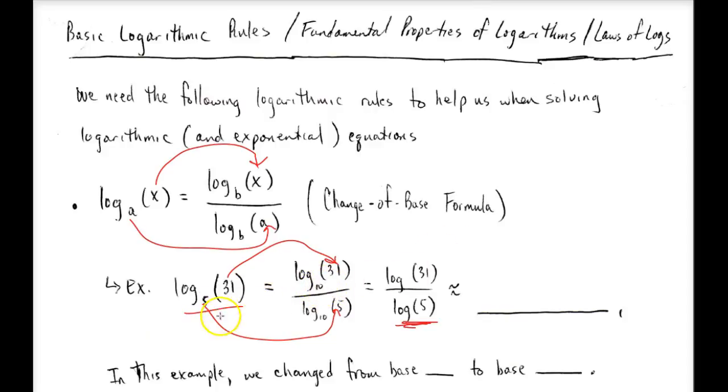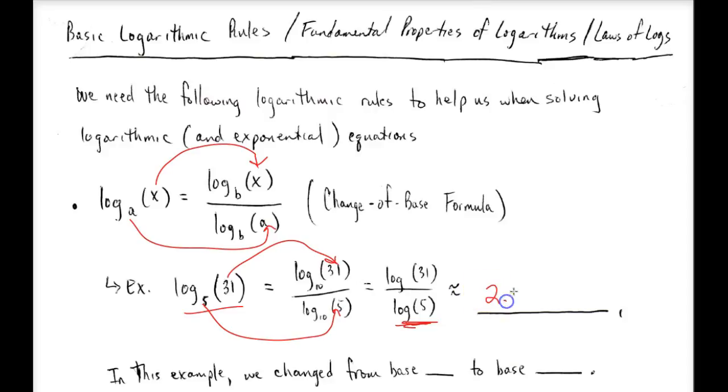My point in saying that is I could also change from, let's say, log base 5 to log base 8, or log base 5 to log base e, which is the natural log, or log base 5 to log base 16. I can do all those things. So log base 5 of 31, an equivalent way of writing it is log of 31 divided by log of 5.